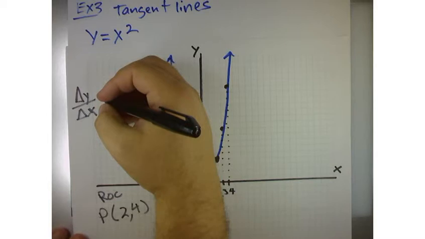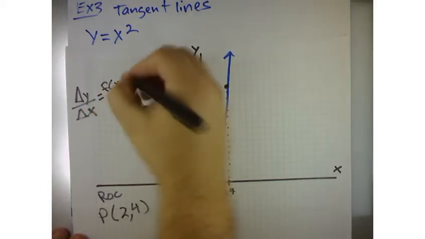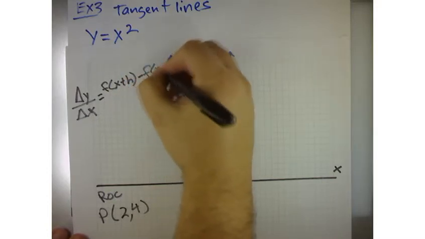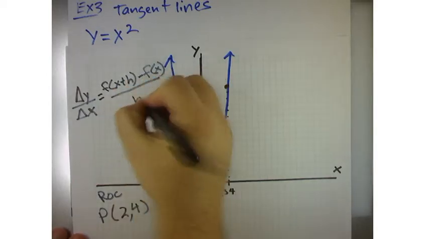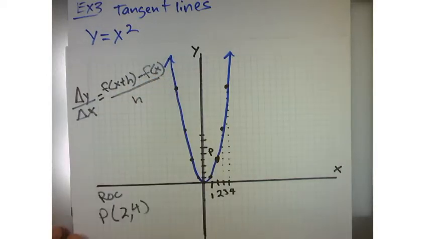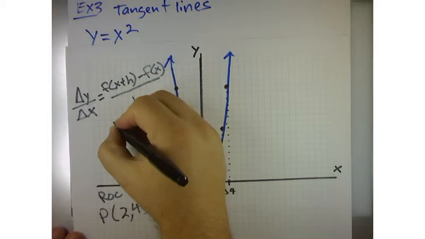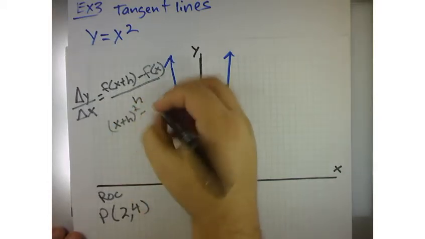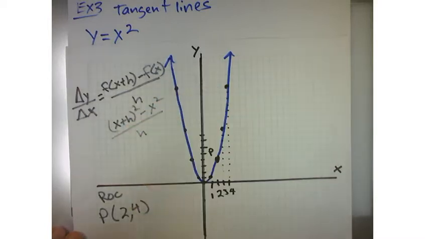And we look at our function and we said before that this will be the same as f of x plus h minus f of x, all over h, right? And so then symbolically I would say x plus h squared minus x squared, all over h.